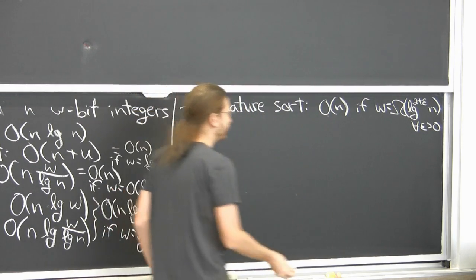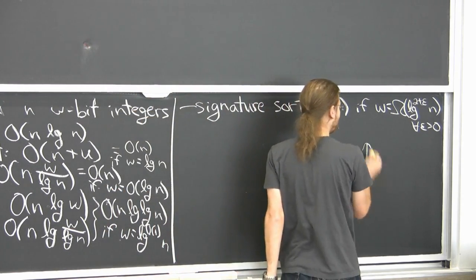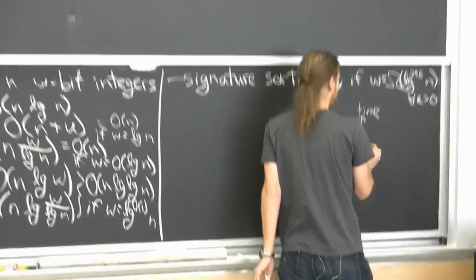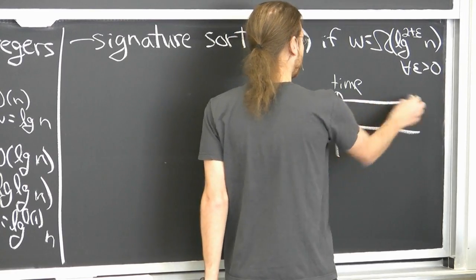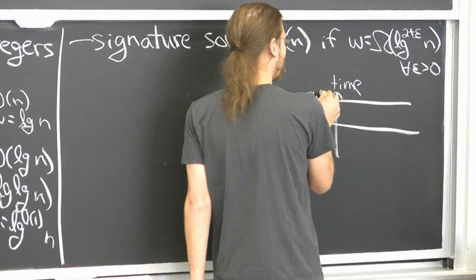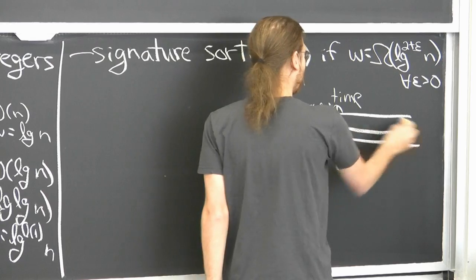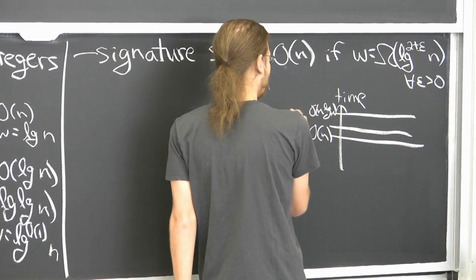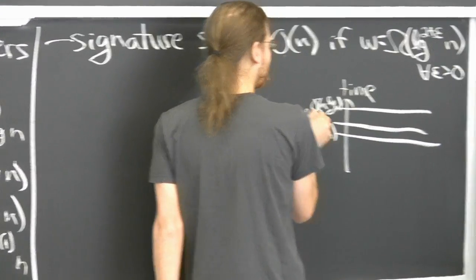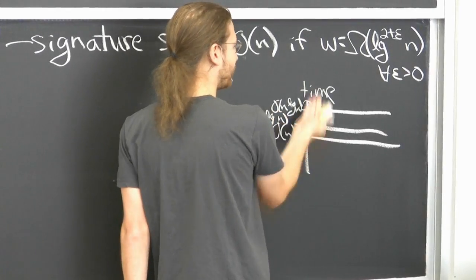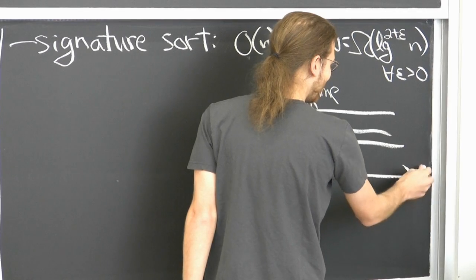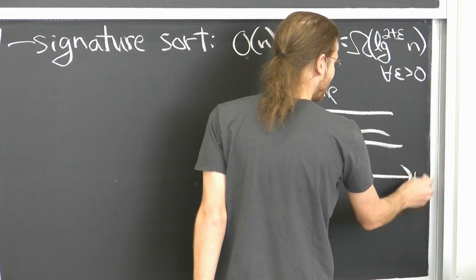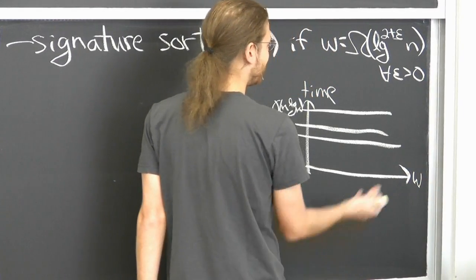Okay, if you were graphing this in your mind, you've got time, and there's a nice bound here which is order n, and everything's above n log n. Maybe here we have n log log n. I'm imagining this is asymptotic space, which doesn't really exist, but you know what I mean. And then this is the word size versus log n.